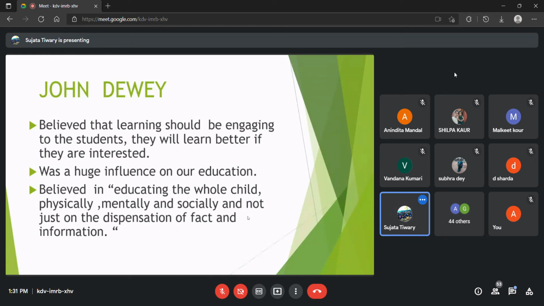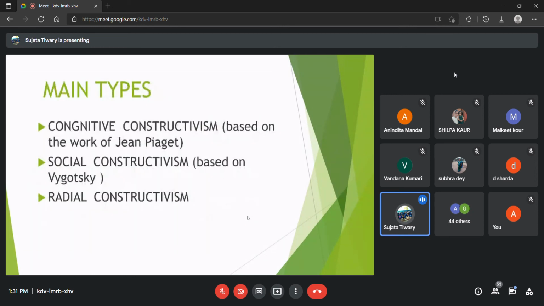Now, let's see the different types of constructivism. Cognitive constructivism: we have already discussed it, it is based on the work of Jean Piaget. We have seen there the cognitive development, assimilation, and adaptation.